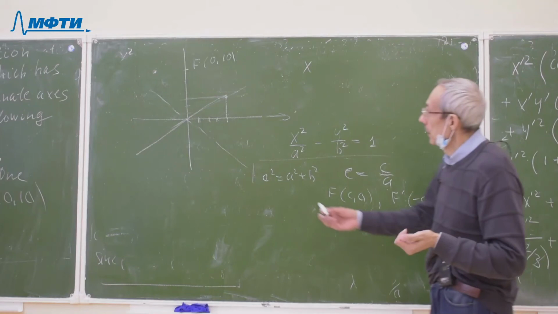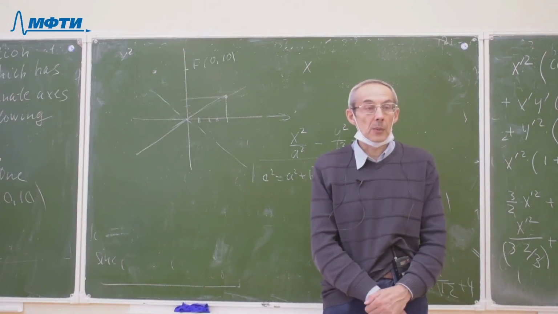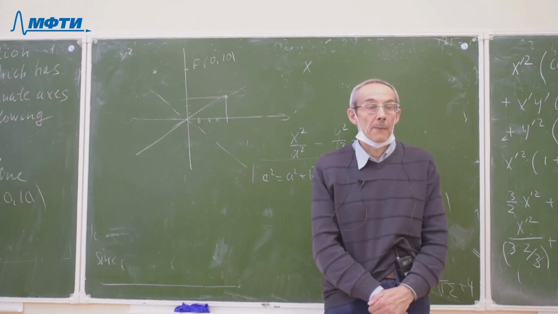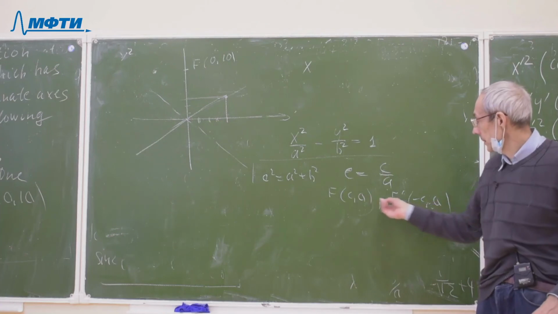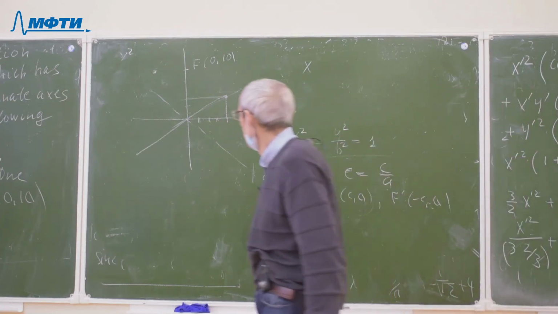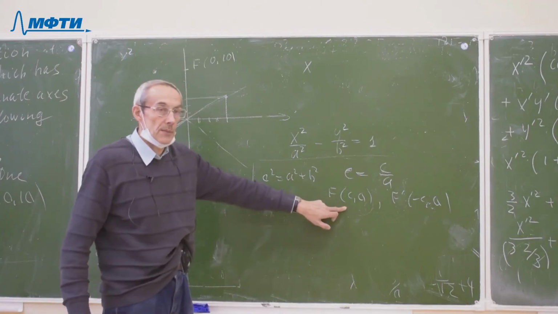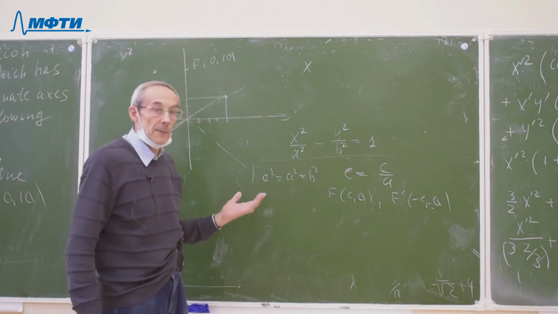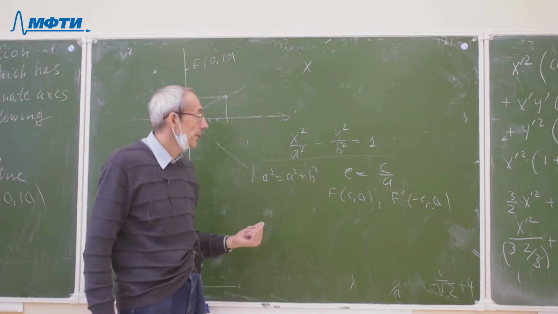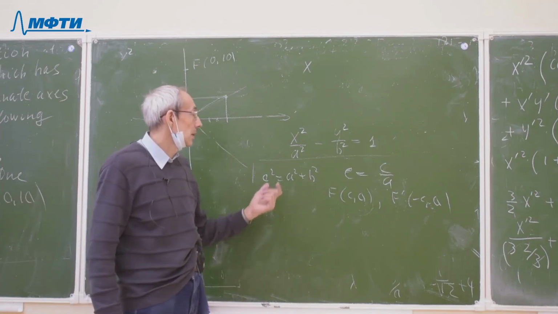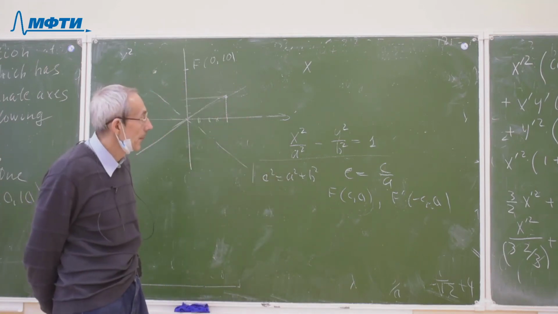What is the form of the equation of this hyperbola? In this form, the foci have these coordinates, but in our case the coordinates change. What does it mean? What is the form of the equation in our problem?